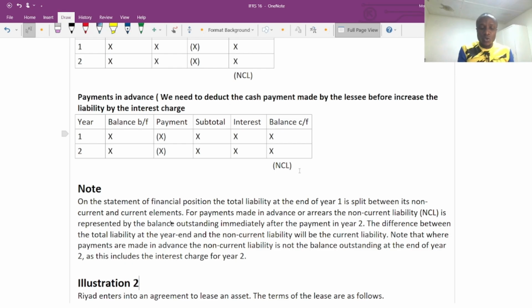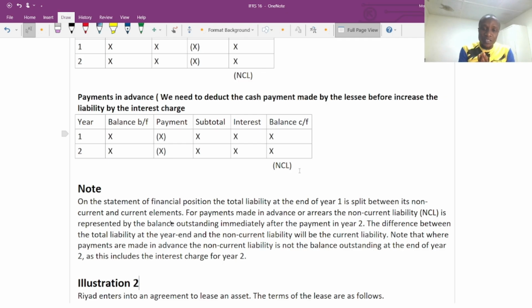Very simple. So we need to split the liability into two, current and non-current. We need to know when payment is made in arrears, how are we going to split the liability, and when payment is made in advance, how are we going to split the liability between current and non-current. This is what we are going to cover in this section.